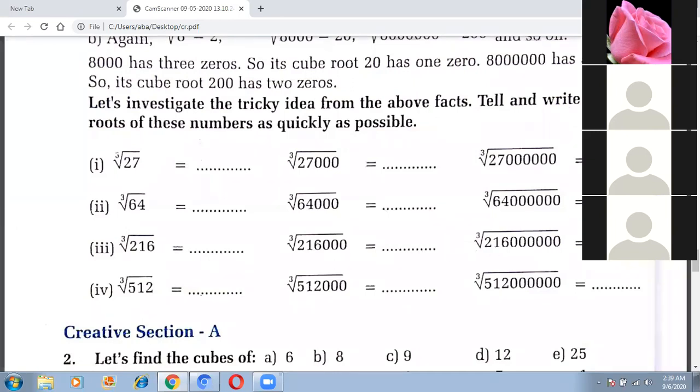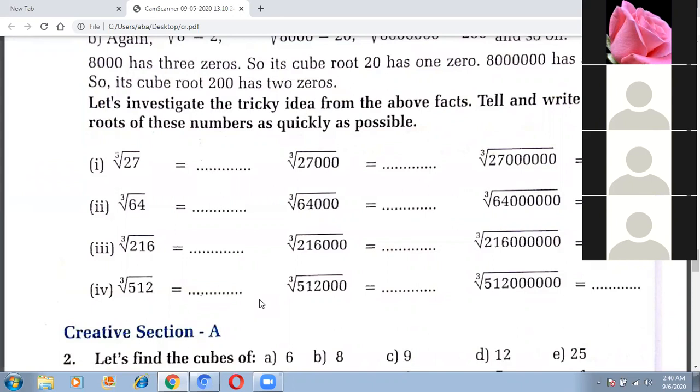Next, 60. Then 600. What is the cube root of 512? Cube root of 512 is 8.